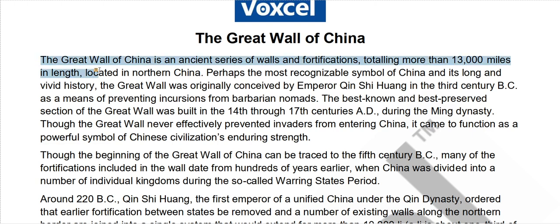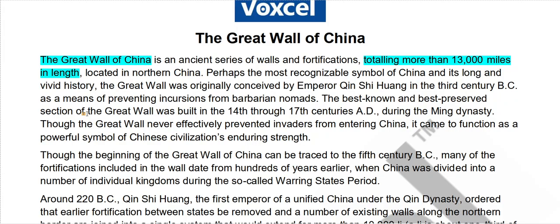The Great Wall of China, okay, this is a keyword, is an ancient series of walls and fortifications totaling more than 13,000 miles in length, located in northern China. If you look here closely, they are saying totaling more than 13,000 miles in length.